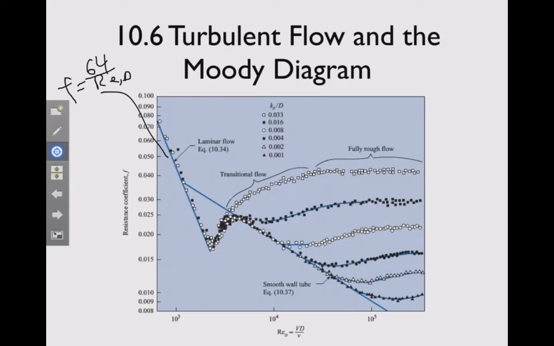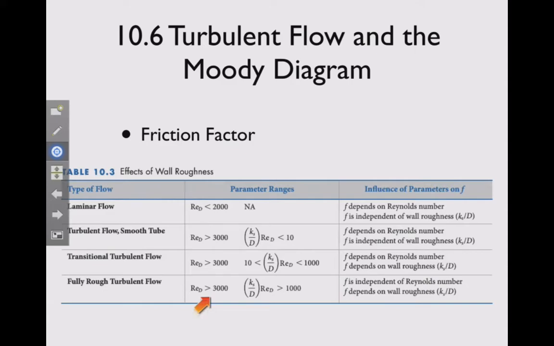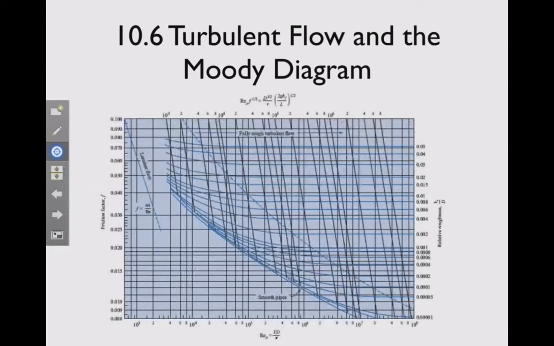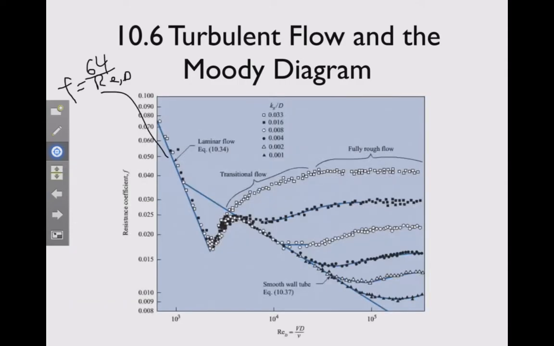And then by the time we get to high Reynolds numbers and really large roughnesses, f is independent of the Reynolds number, but it depends on the wall roughness. So once we get up to here, we can see that it's fairly independent of Reynolds number. These lines are flat.